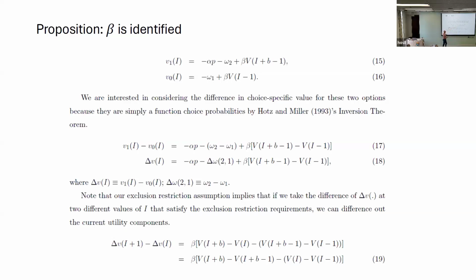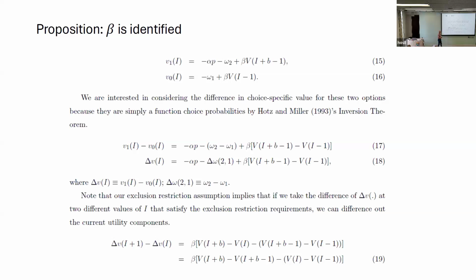If we assume that there are 2 levels of inventories where the storage cost remains unchanged, so I and I plus 1 are 2 levels of inventories where the storage cost remains unchanged, you can apply the same arguments to I plus 1. Then you take the difference of these 2 differences in value functions, and these flow utilities will be exactly the same. When you take the difference, it will drop out. That will lead to these equations here.